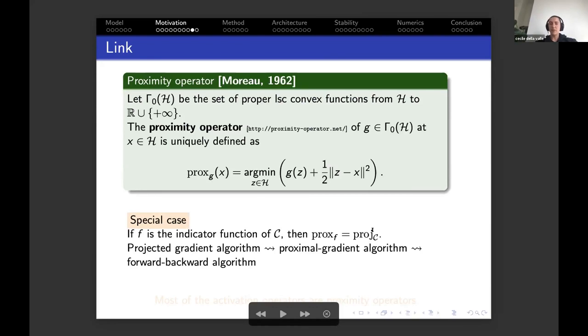So we have a link from the projected gradient algorithm to the forward-backward algorithm. And what I assert here is that most of the activation operators are in fact proximity operators.